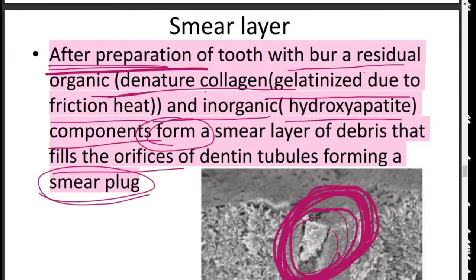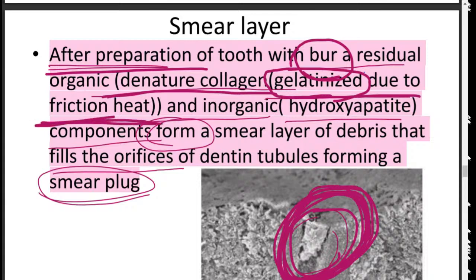Again, after preparation of tooth with bur, residual organic denatured collagen is gelatinized due to friction and heat. We can draw this gelatinized area here on the tooth.